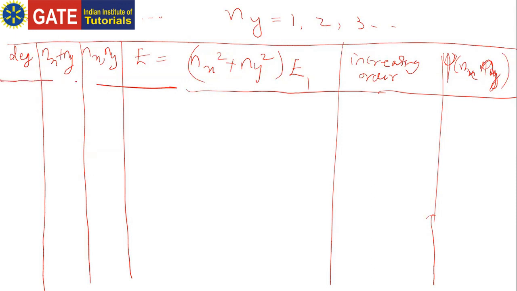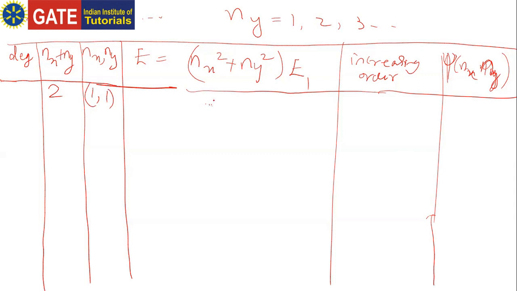Nx and ny, nx plus ny value starting from minimum value. Nx plus ny minimum value 2. Nx value 1, ny 1, that is 1, 1.